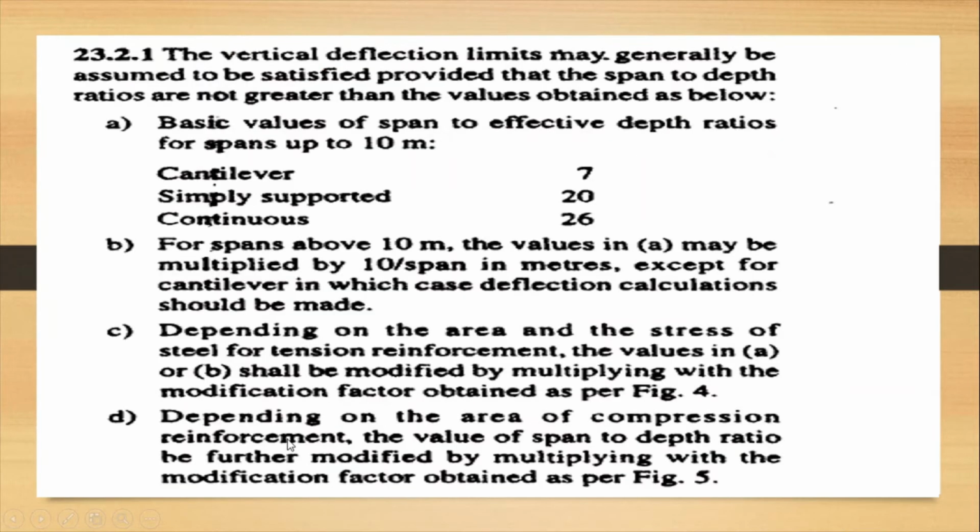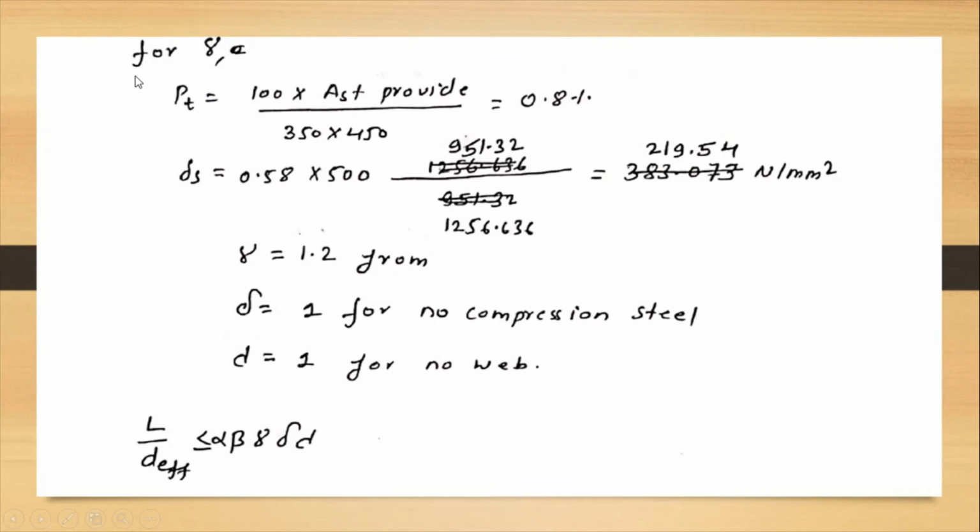Now, for calculating the value of gamma, we have to calculate the percentage of reinforcement. Here we have the formula 100 into Ast provided by b into d. By putting the values of Ast provided, b and d, we are getting 0.8 percent reinforcement.